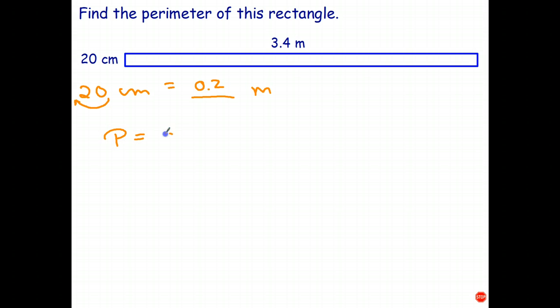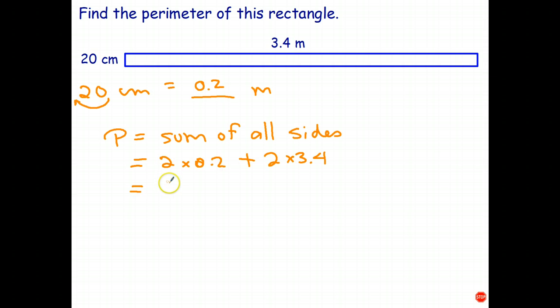And perimeter equals sum of all sides equals, okay, well I've got two sides of that length, so I've got 2 times 0.2, plus, and I've got two sides the same length there, so 2 times 3.4.